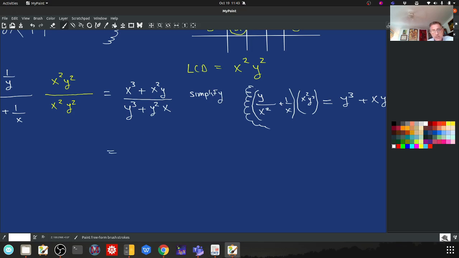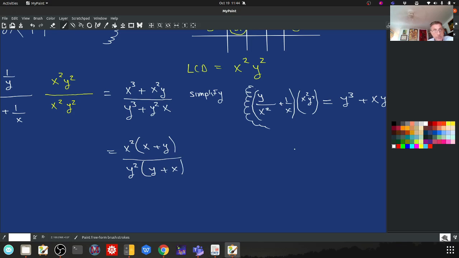So what's the GCF of the denominator? Both terms have a power of x squared, so I can pull out my x squared. X cubed divided by x squared leaves me 1x. X squared times y divided by x squared leaves me a y. Down here the greatest common factor is y squared, and I'm repeating exactly what I did up there to get y plus x.